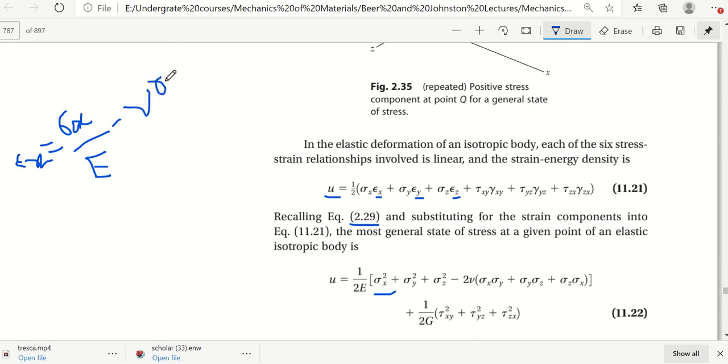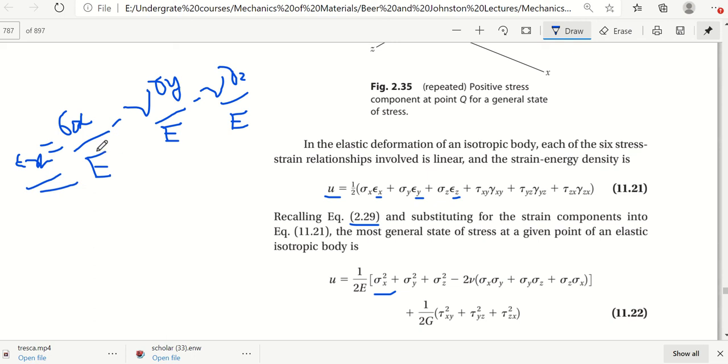So this is the sigma y over E, minus Poisson sigma z over E. So this was the expression for the general strain in x direction, because strain in x direction is positive due to the positive stress in the x direction, but at the same time Poisson effect, sigma y is going to decrease the strain in x direction.